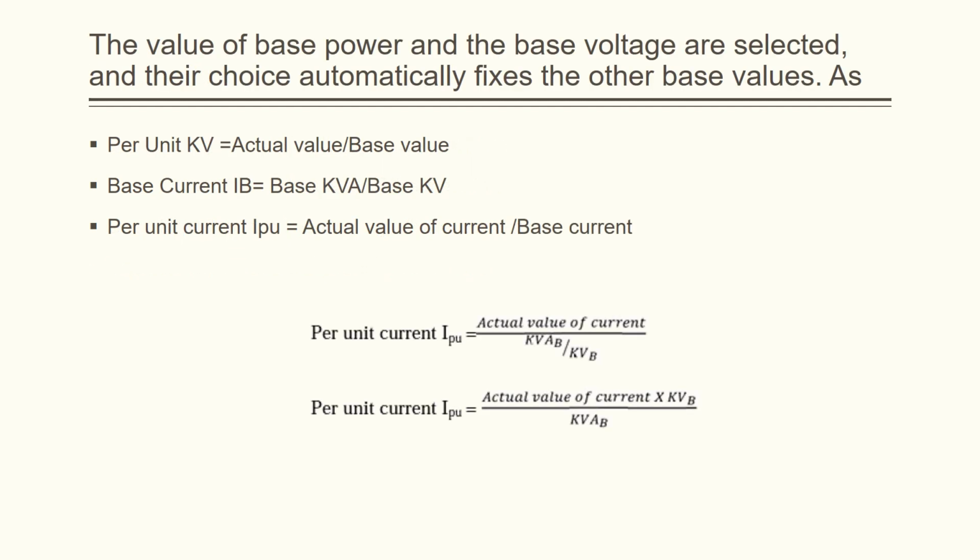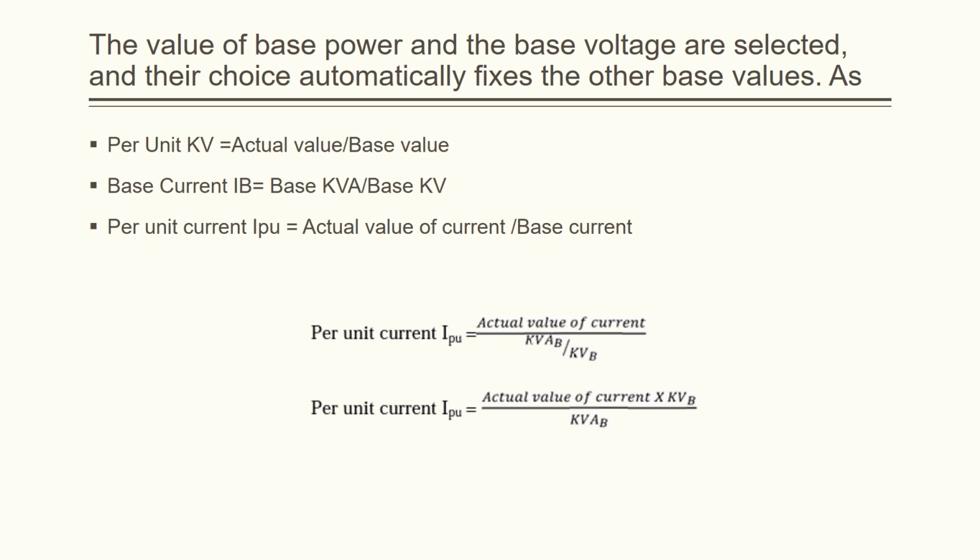The values of base power and base voltage are selected, and their choice automatically fixes the other base values. The per unit kV is equal to the actual value divided by the base value. Base current IB is equal to base kVA divided by base kV.